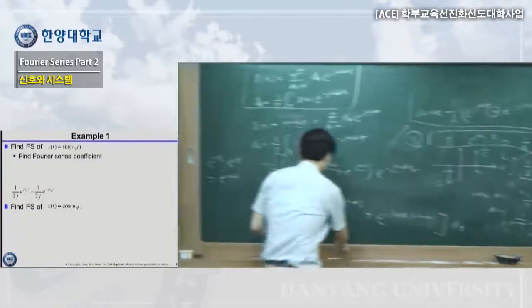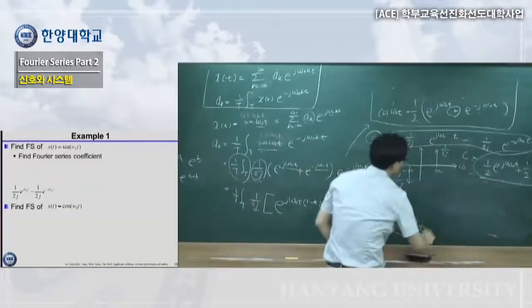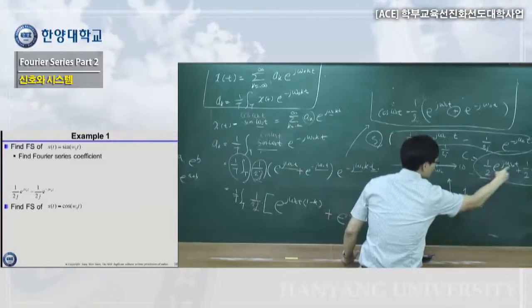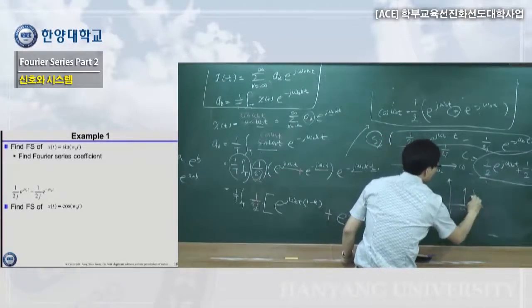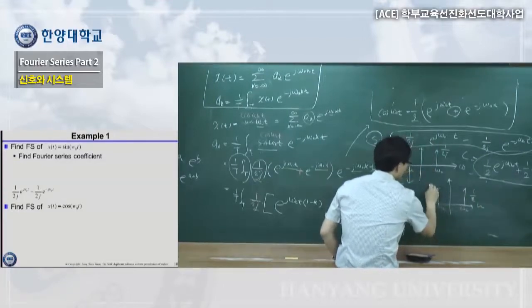What about cosine? What about cosine? At omega 0 it is 1 divided by 2, and at minus omega 0 it is 1 divided by 2.